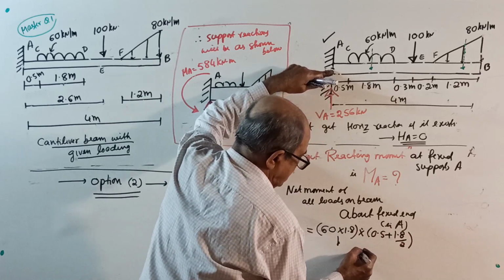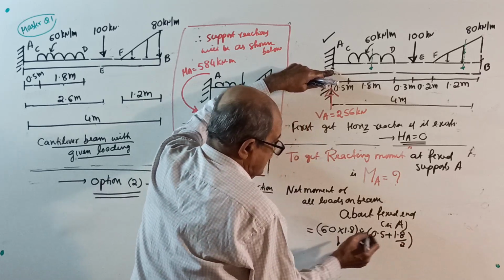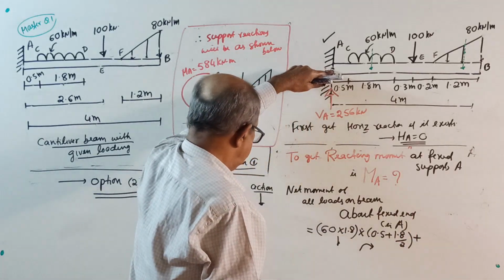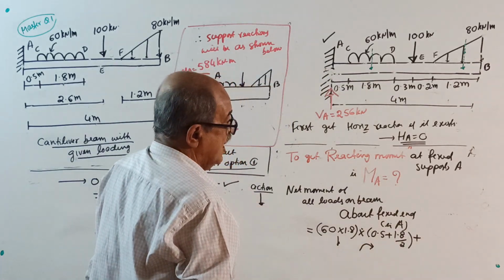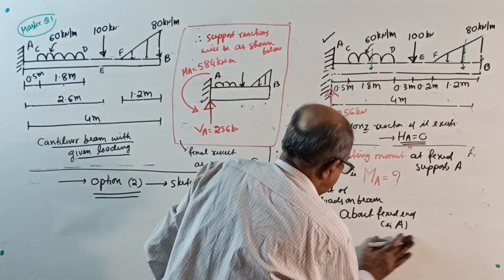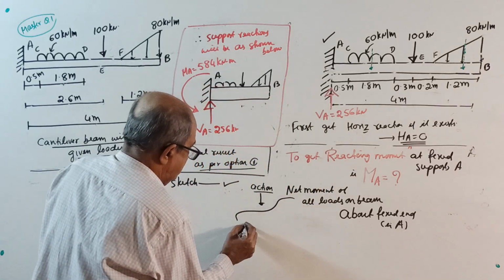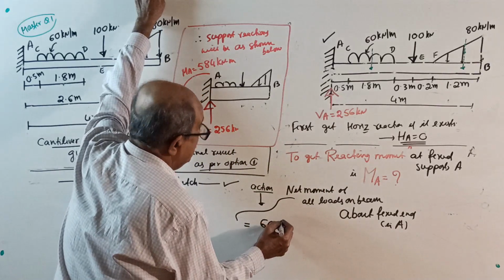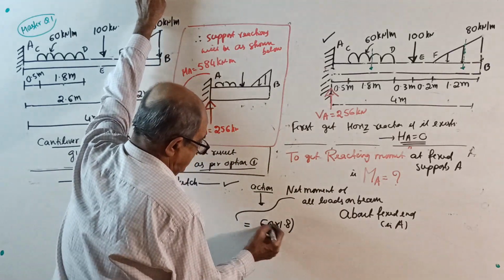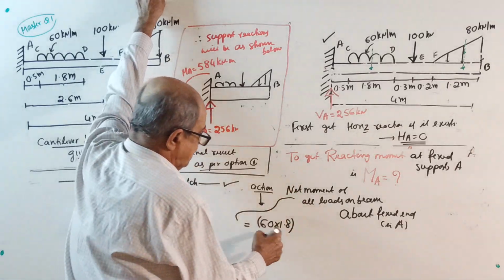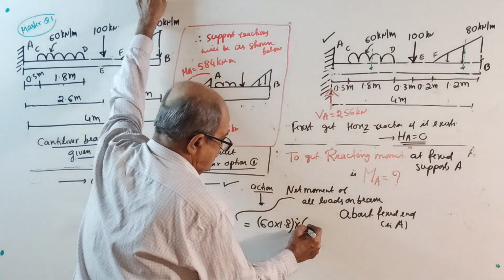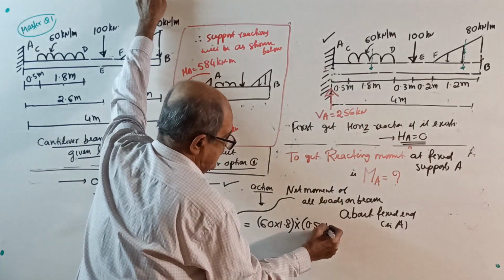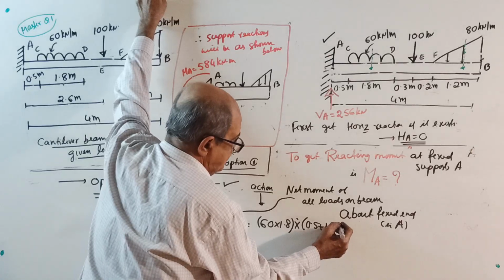This will be in the clockwise direction, plus. Space problem is there. 60 into 1.8 into 0.5 plus 1.8 by 2.